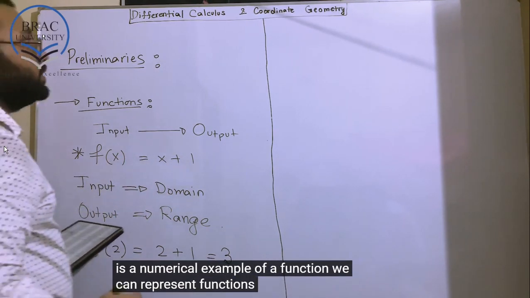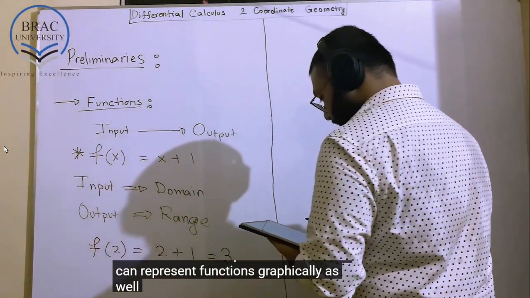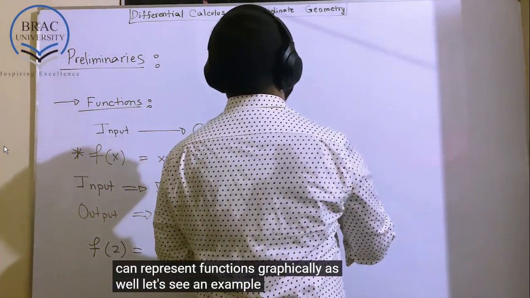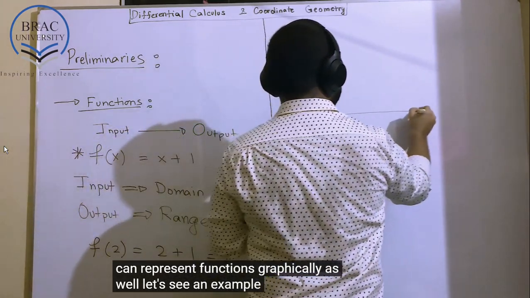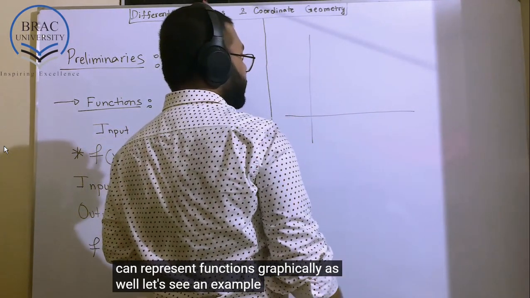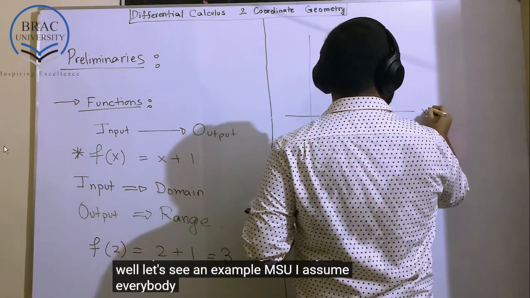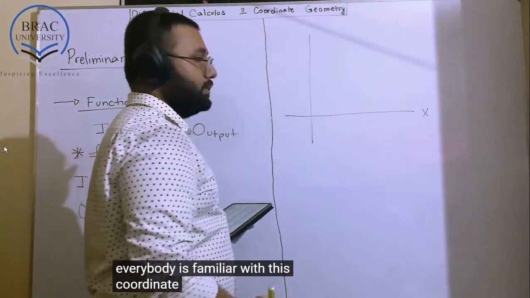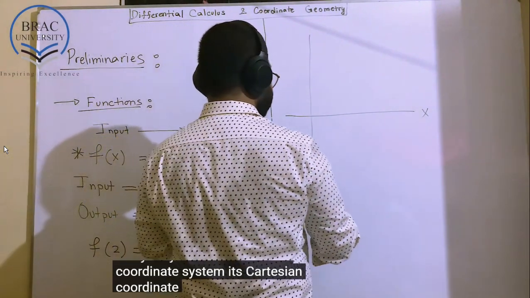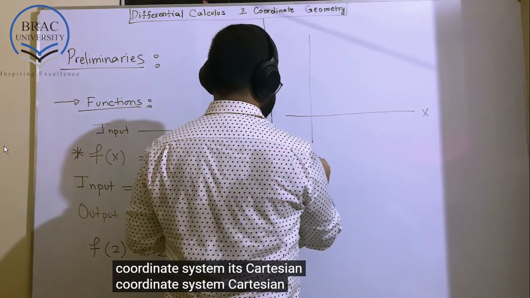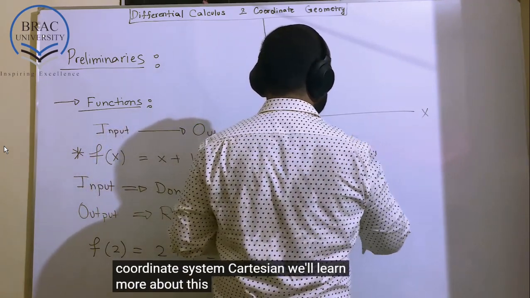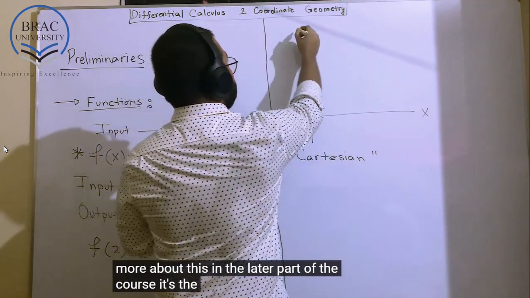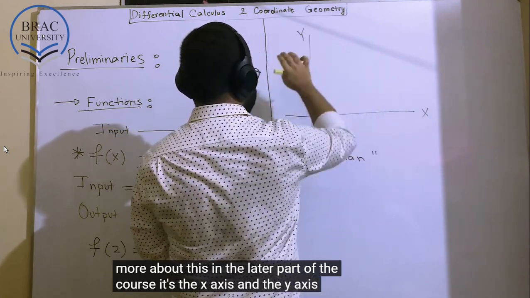We can represent functions graphically as well. Let's see an example. I assume everybody is familiar with this coordinate system. It's the Cartesian coordinate system. We'll learn more about this in the later part of the course. It's the x-axis and the y-axis.